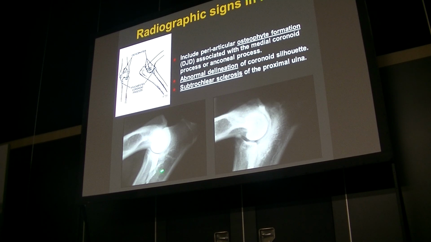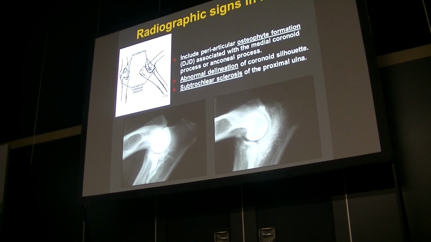However, this is the normal trabecular pattern that we pick up in a normal X-ray as we see here. In contrast to this X-ray, we have a lot of irregularities, certainly on the border of the anconeal process, the cranial tip of the radial head, the medial humeral condyle, and also the delineation of the lateral one is very blurred. Those are the specific areas, as seen in detail yesterday, where osteophytes arise.